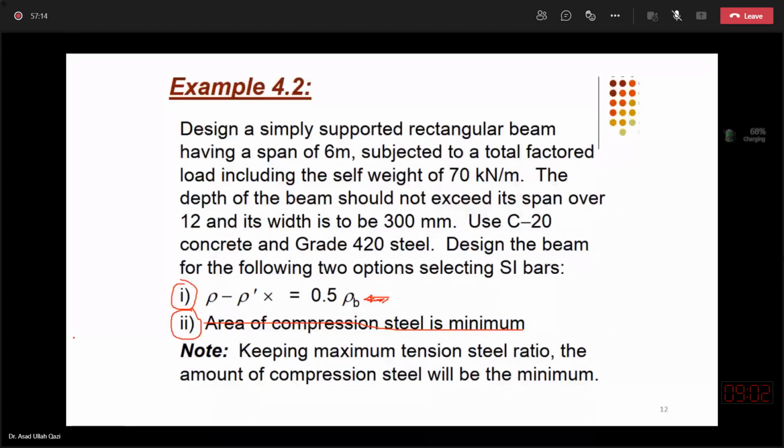So you can simply get a statement: design a simply supported rectangular beam having a span of 6 meter, subjected to a total factored load including self weight of 70 kilonewton per meter. Now there is one important point. This is a kind of academic problem where we are giving you span and factored loads. As I said earlier, in practical life, nobody will tell you such dimensions or loading.